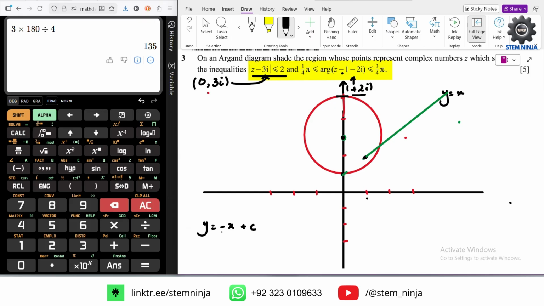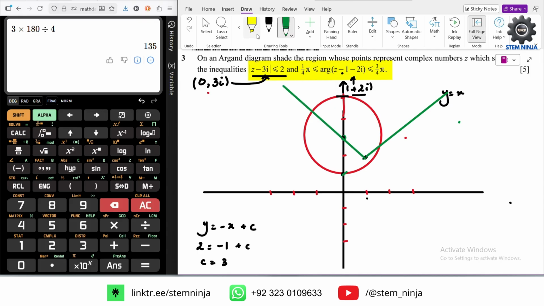So let's see where it's actually going to pass. So y is equal to 2 and x is equal to minus 1, so c is actually going to be 3. Right, so it's actually going to pass from the center of the circle, as predicted.